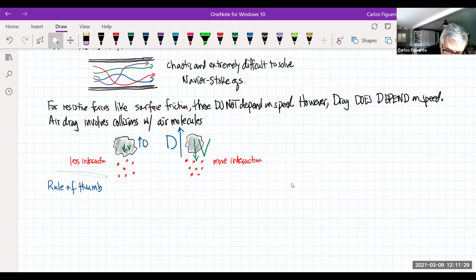And the rule of thumb here tells us that if you have laminar flow, then the drag has a tendency to depend on speed.